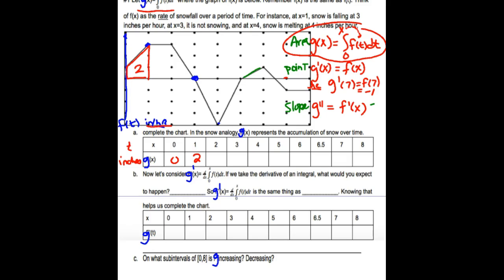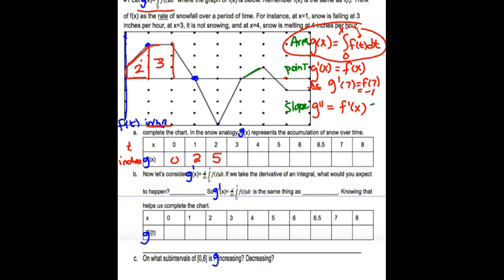So at 2, I could think of this as another geometric figure, but I'm just going to consider it as the 2 I already have plus the area of this one. So it's 2 plus a 1/3, which is going to give me an area of 5 for the whole thing. Means this part's 3, but I've now accumulated 5 inches of snow as the snow continues to fall.